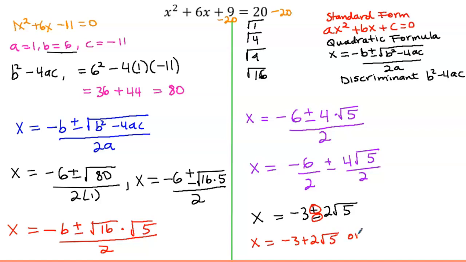Now we're going to consider the negative, so x equals negative 3 minus 2 root 5. So these are the two roots that we got using the quadratic formula.